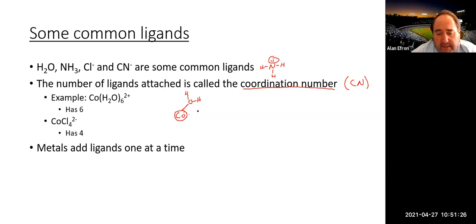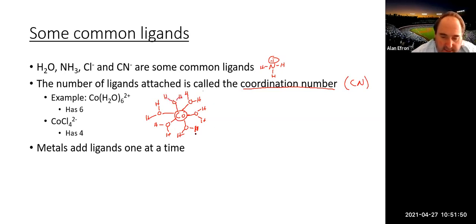And if we do this and draw in our 6 waters here, got left just enough room, got one there. This is basically our complex ion.